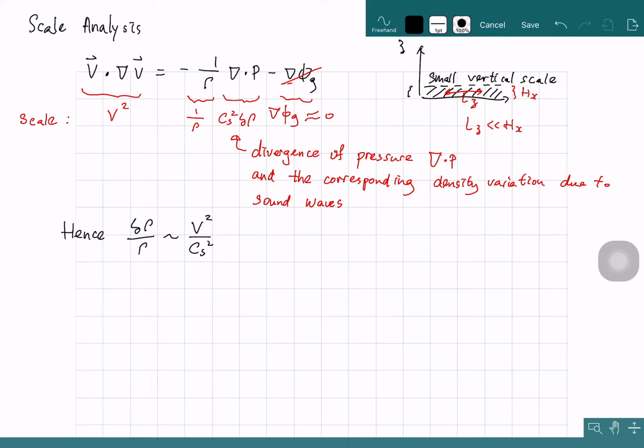So then we can do the scale analysis. This big O notation means order of. It's not zero, okay? We know that it's a very, very small number, almost 0.